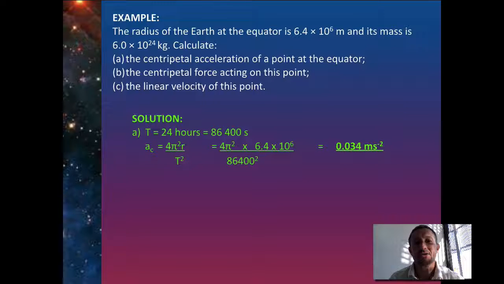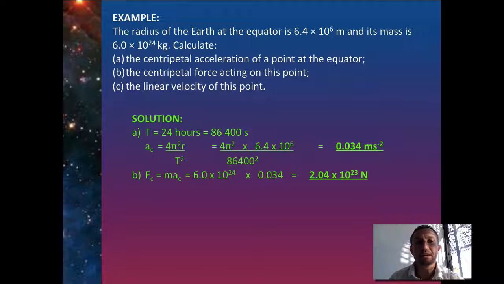I can now add this to my m v squared over r formula to find the centripetal force at this point. Now really all I have to do is multiply this by its mass. However, we're going to do this underneath, so its mass is 6 times 10 to the 24 times 0.034 equals 2.04 times 10 to the 23 newtons.